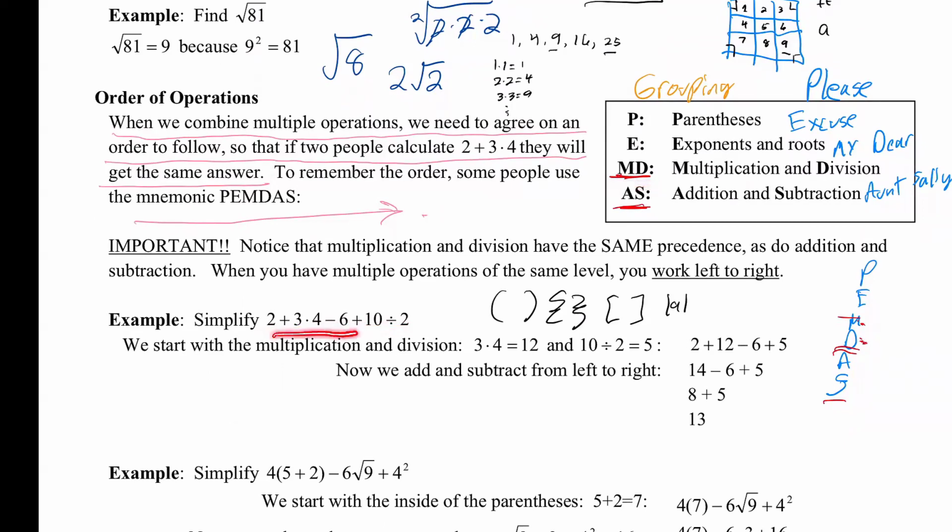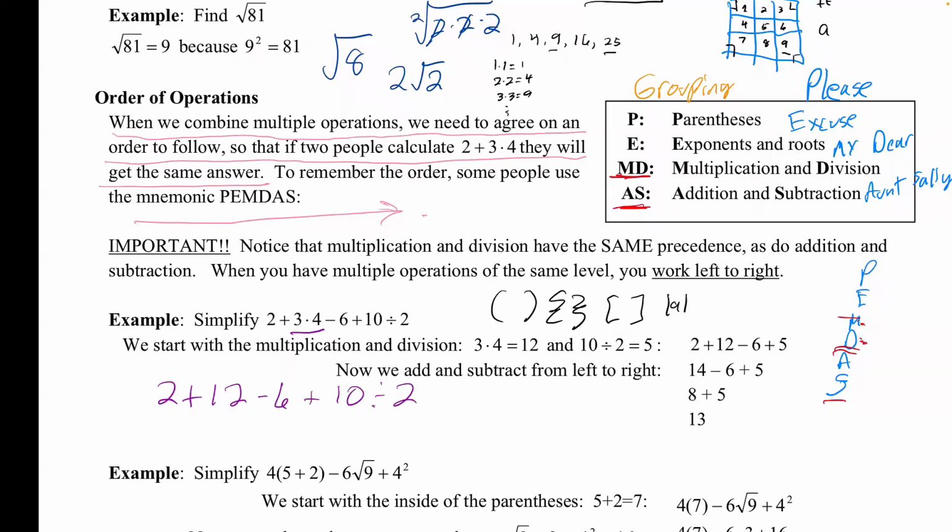I'm going to go left to right. When I do, the first one I see is right here. So I'm going to say, okay, 2 plus, I just bring everything else down. 3 times 4 is 12, minus 6 plus 10 divided by 2.